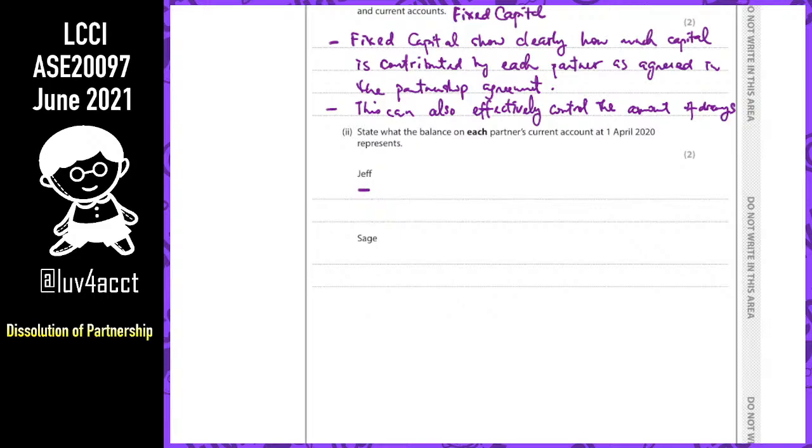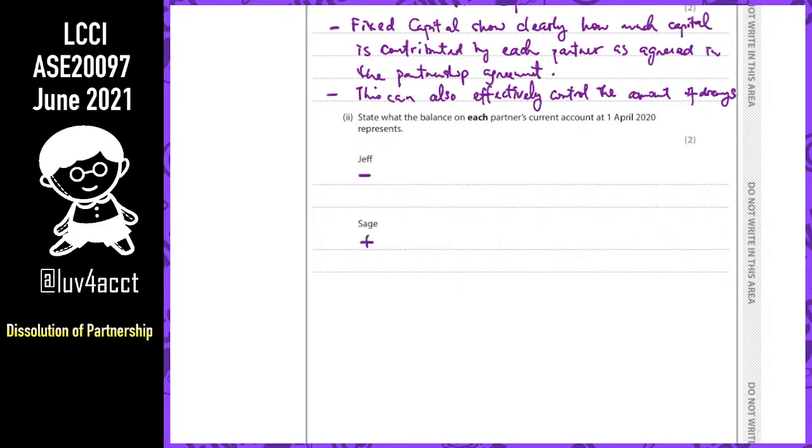No, the other way around. Jeff is negative, Sage is positive. But then it asks you what it means. So for negative balance, it is the amount owed by Jeff to the business.